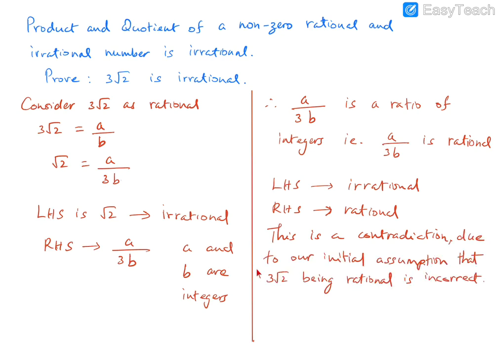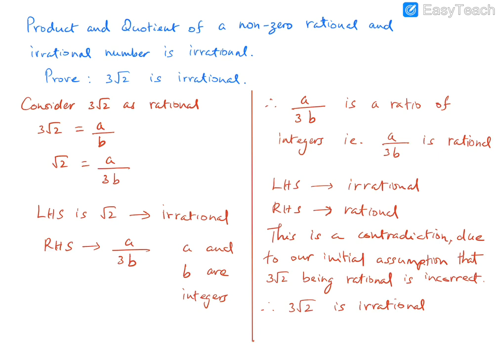We have our initial assumption which we consider 3 root 2 as rational to be an incorrect assumption, and that is why we are getting this contradiction. So therefore we will conclude that 3 root 2 is irrational. The contradiction arose only because our initial assumption was incorrect.